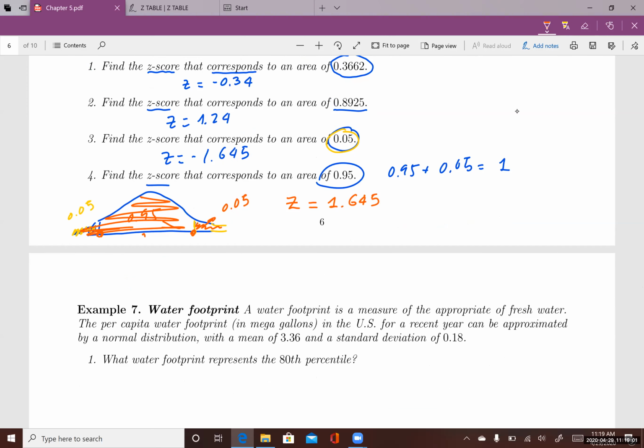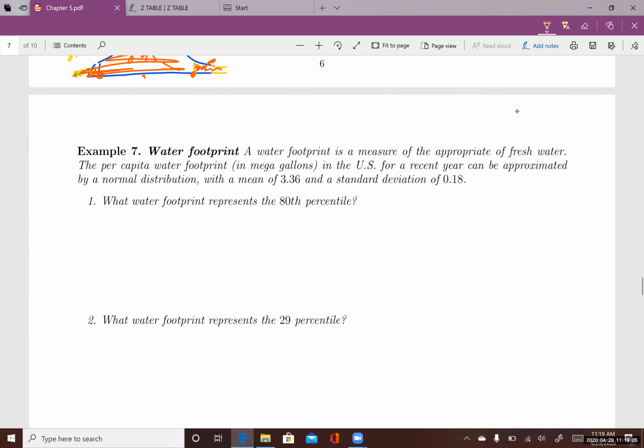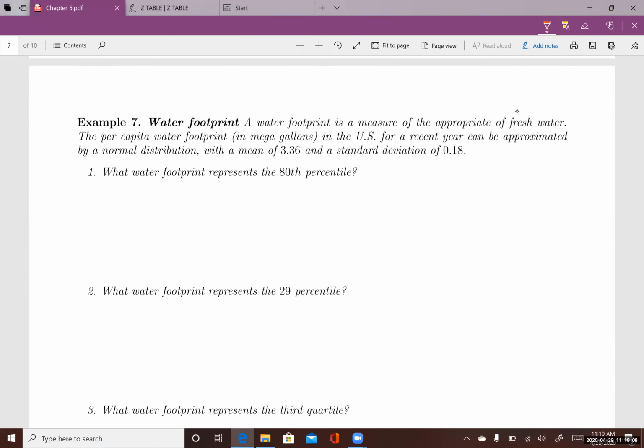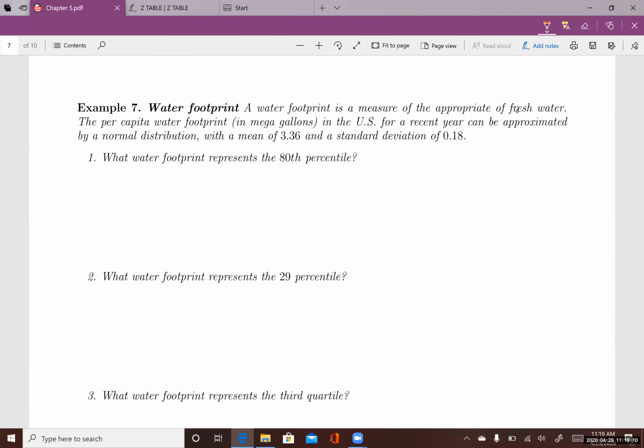All right, now we know how to find the z-score, then we can use that skill to find the corresponding x values for any given probability. So let's say water footprint, example number 7. A water footprint is a measure of the appropriation of fresh water. The per capita water footprint in megagallons in the US for a recent year can be approximated by a normal distribution.